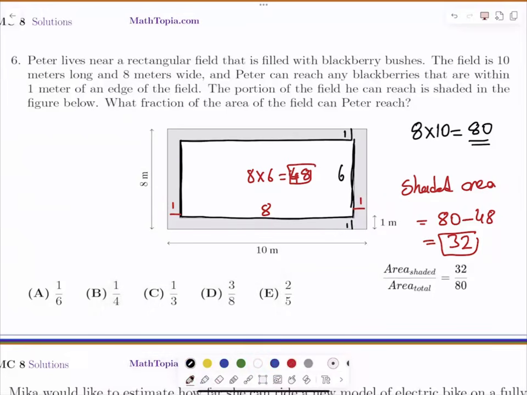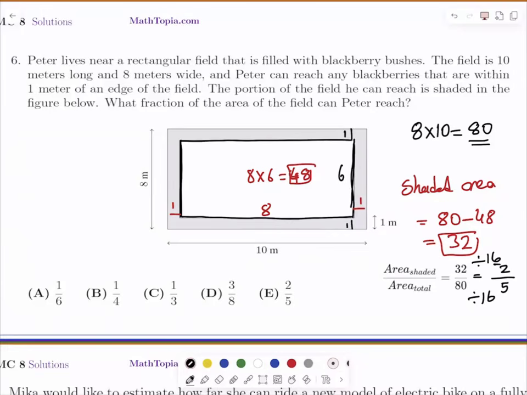How can you reduce this fraction? So we know 32 and 80 are divisible by 16. Oh, you are dividing by 16 directly. Wow, that's good. It's a good jump. I was thinking of going step by step, but this is okay. That means 2 over what? 2 over 5.